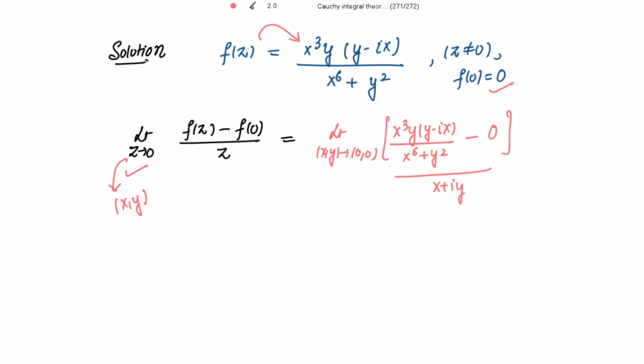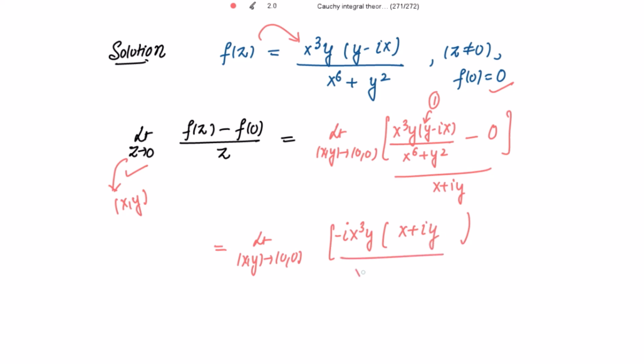Is it okay? Fine. Alright, so this is equal to limit x, y tending to 0, 0, and writing here x cube y. Alright, the coefficient of y is 1, right? Can I write 1 to be as minus iota square into y minus iota x? And then if I take negative iota outside of this bracket, I will be getting plus iota over here, and here I'm getting just plus x, so that it becomes x plus iota y, right?